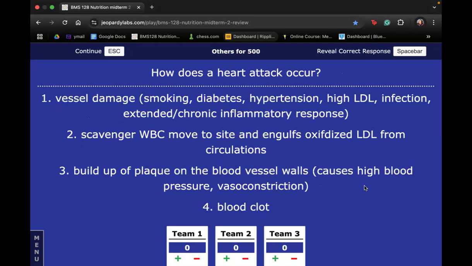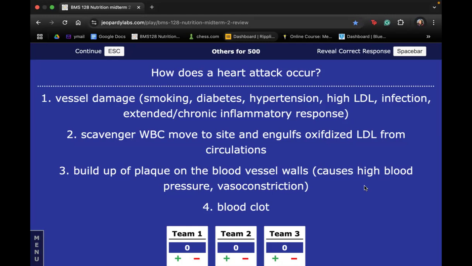There's a blood clot that goes to your heart or to your brain, and it causes you to not have oxygen go through anymore. But reversing steps, first, your blood vessel somehow gets damaged, and the causes are smoking, diabetes, hypertension, high LDL, infection, extended or chronic inflammatory response. So basically, there's an injury to your blood vessel.